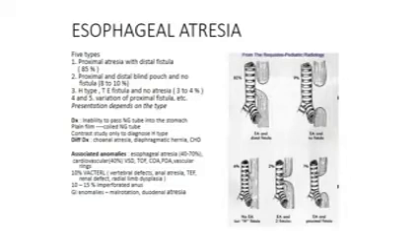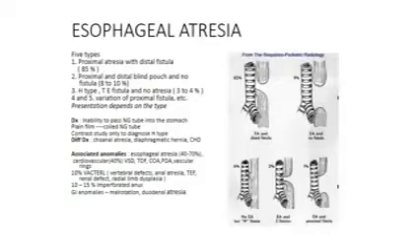In this situation, there will be no aeration to the stomach and the lower gastrointestinal tract. So when we have a plain X-ray of the abdomen in such newborns, usually we see no gas shadow in the abdomen because the esophagus is totally obstructed, interrupted.